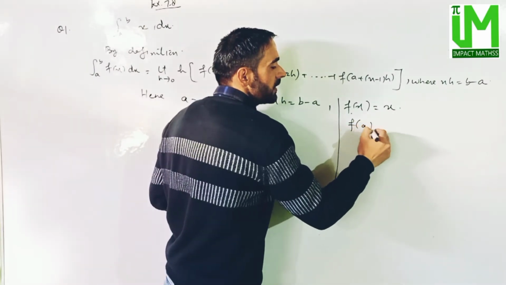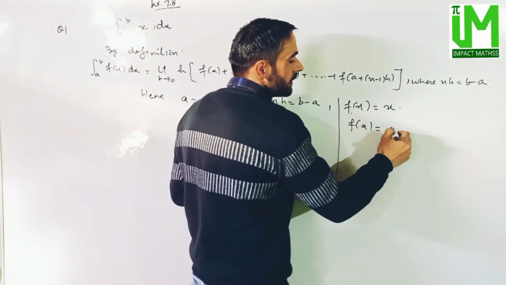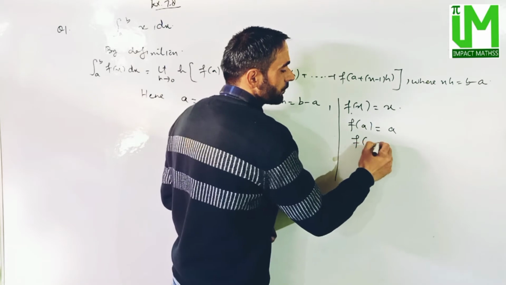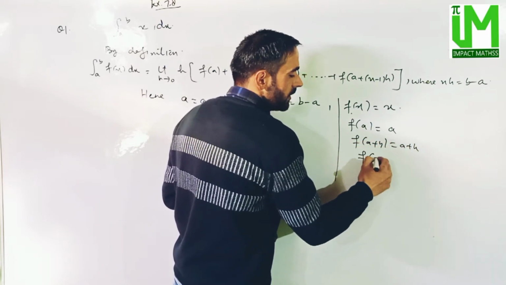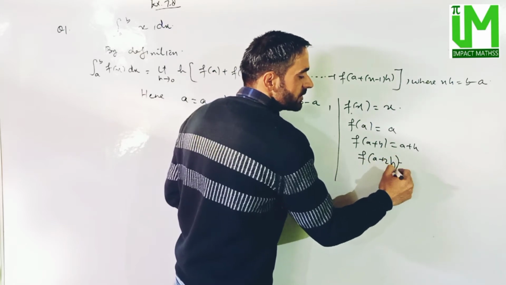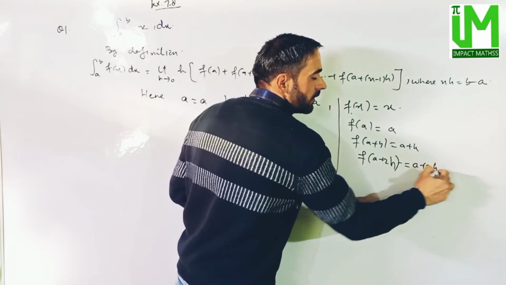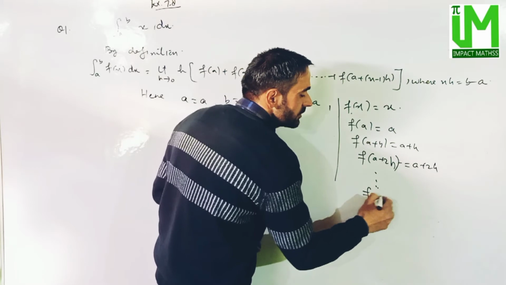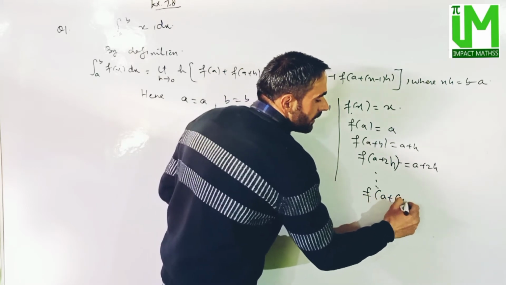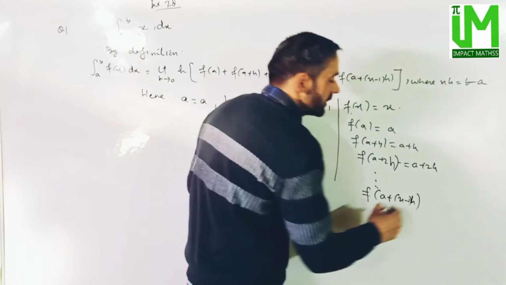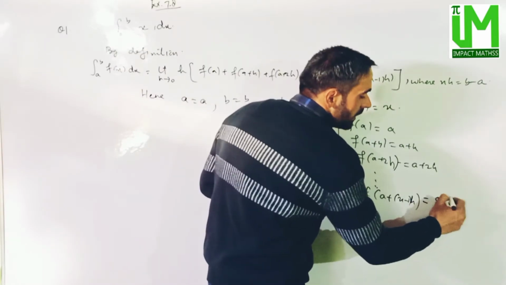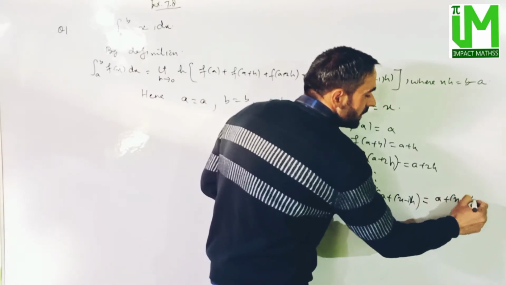What will be f(a)? f(a) will be a, f(a plus h) will be a plus h, f(a plus 2h) will be a plus 2h. Continuing likewise, the last term f(a plus (n minus 1) h) is equal to a plus (n minus 1) h.